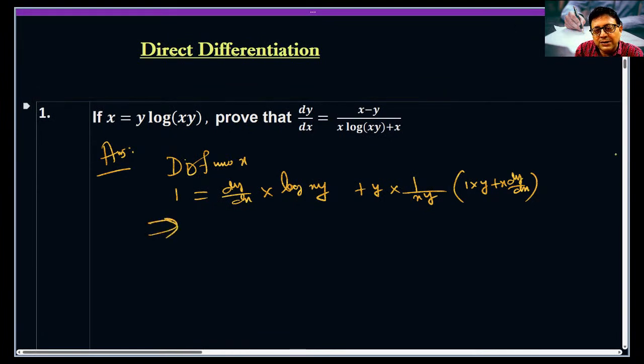So this implies 1 equals, you can put the value of log of xy also. It is x by y. If you like, you can put it. Otherwise, just continue. dy by dx, log xy.